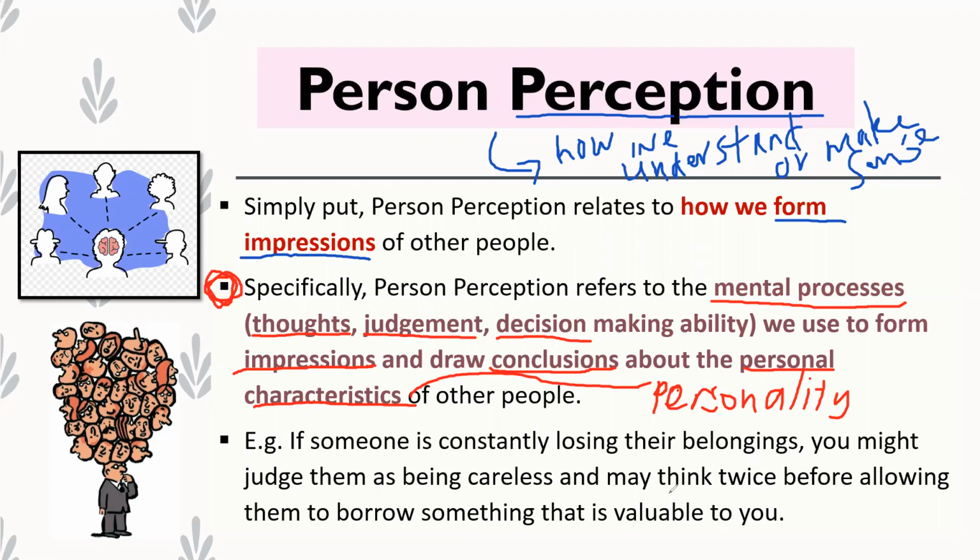Or if you've got something that was very difficult for you to obtain, like a limited edition comic, or limited edition, trying to think, limited edition stationery, I don't know, something like that, you would obviously think twice before allowing that person to borrow it from you, because your observation of them constantly losing things has caused you to make a judgment.